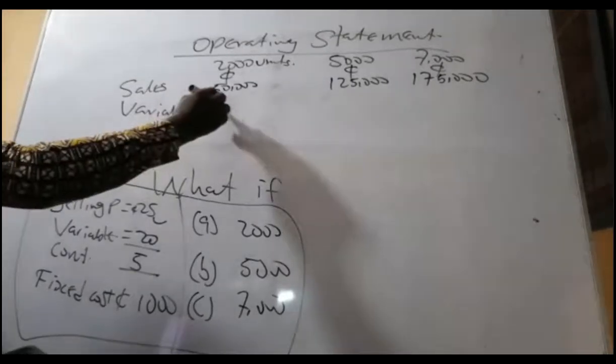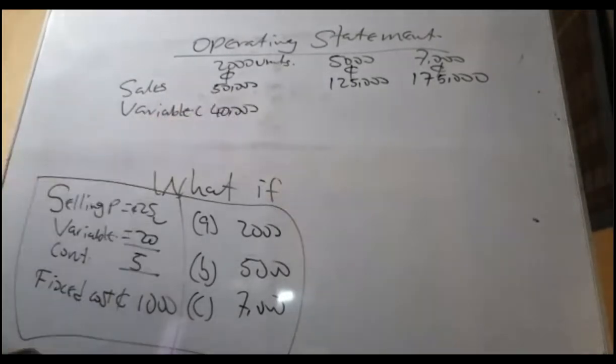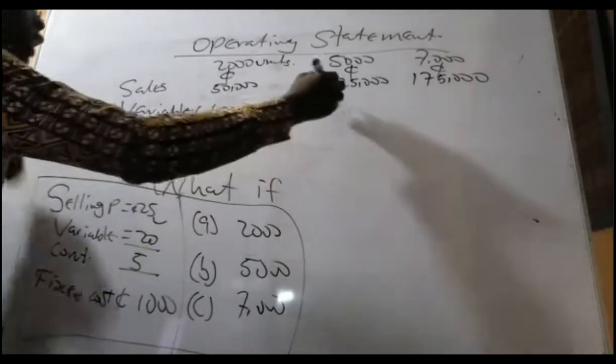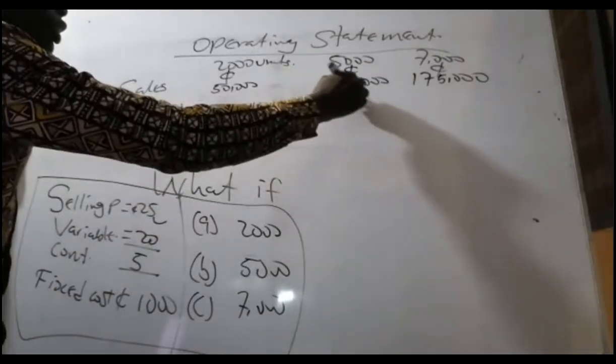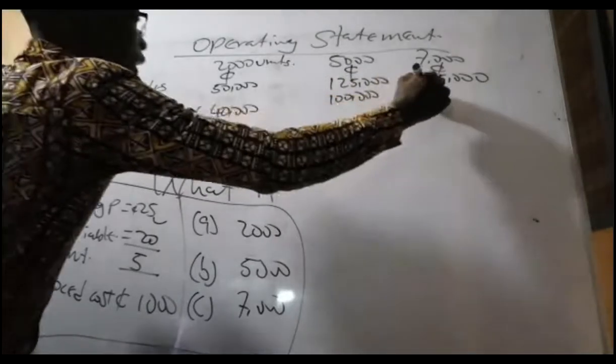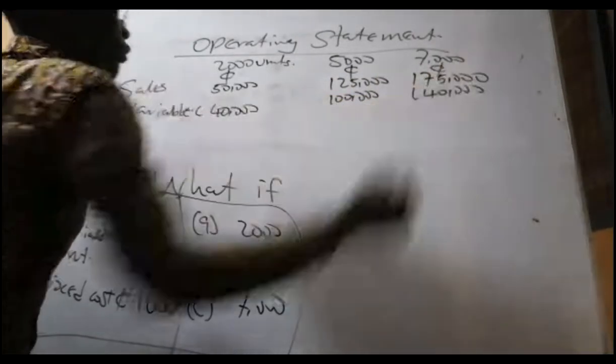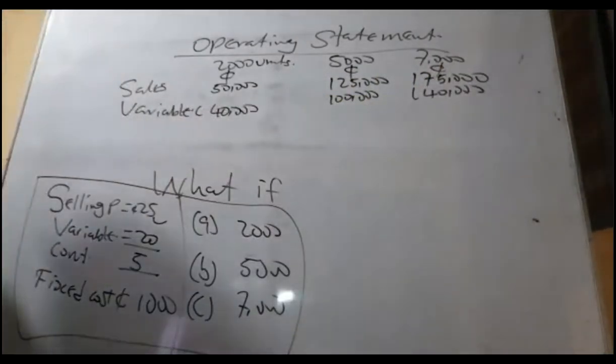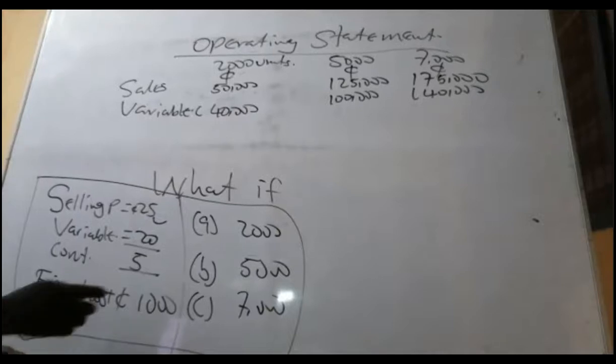Okay, so 40,000, 100,000 and 140,000, right? Okay, 140,000. I just make small changes with the figures.